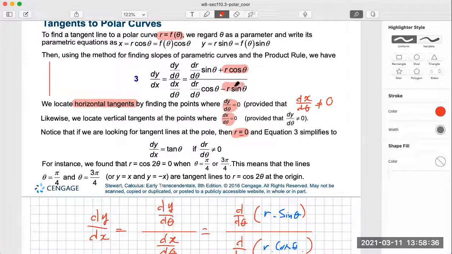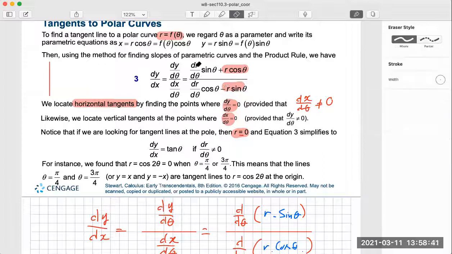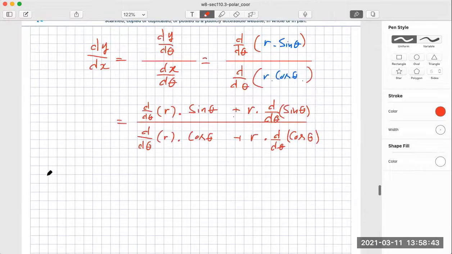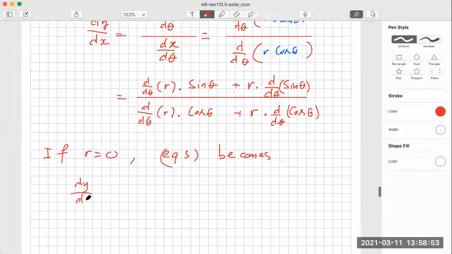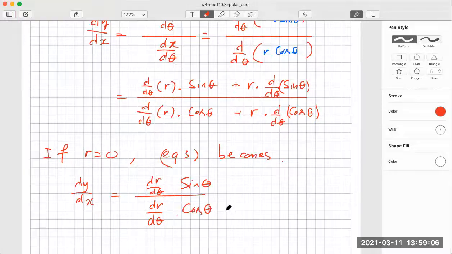So these two are 0. So equation 3 becomes dr over d theta times sine theta divided by dr over d theta times cosine theta.